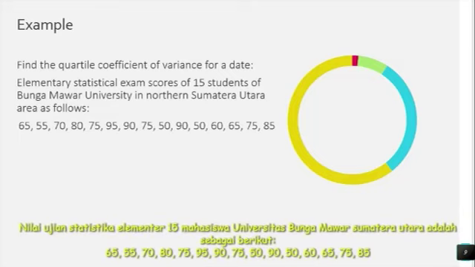Elementary statistics exam scores of 50 students of Bunga Mawar University in the Northern Sumatra area are as follows: 16.5, 15.5, 17, 18, 17.5, 19.5, 19, 17.5, 15, 19, 15, 16, 16.5, 17.5, 18.5.